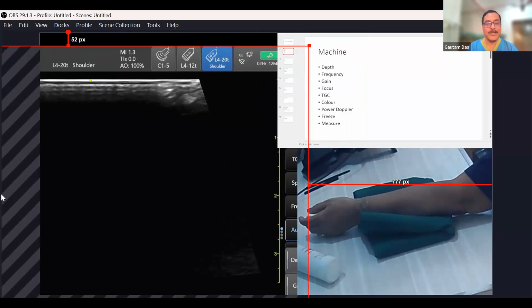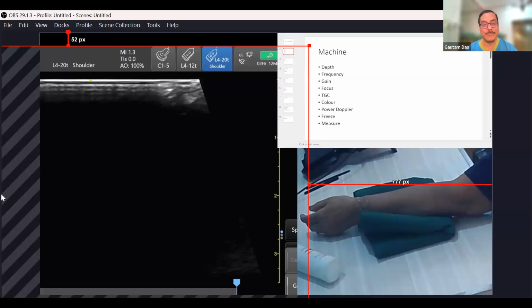It is very important, because unless you freeze, the piezoelectric crystals are continuously firing, and the half-life of the crystals will decrease, and after some time of continuous firing, the pictures also get distorted. I forgot to put the freeze button on, so let me put it. When you are not using the probe over the body, always put the freeze button on. Then you can increase the half-life, and your picture quality will be better.